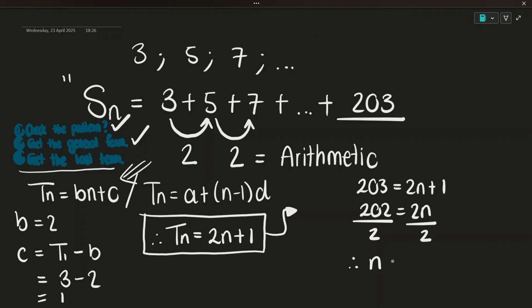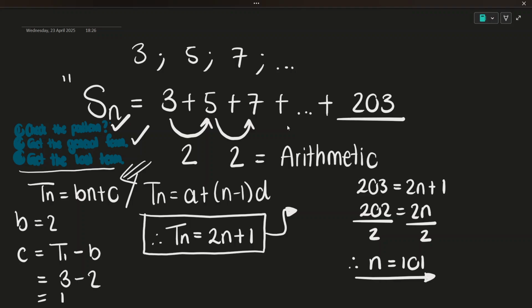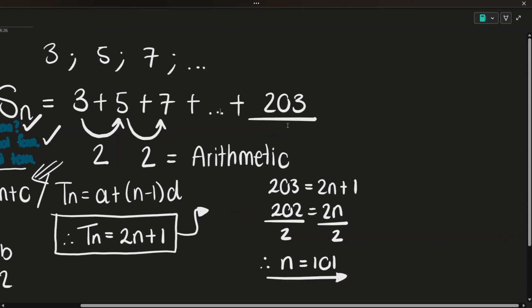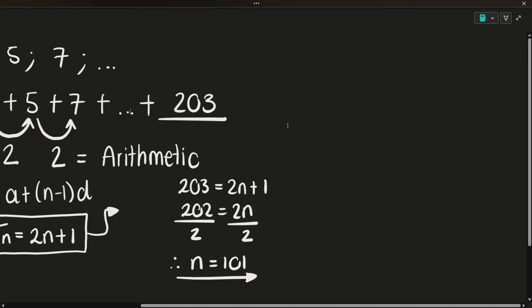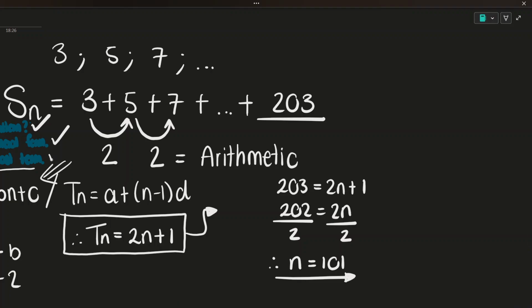Therefore, n is equal to 101. Right? Now that we know that n is equal to 101, we can now do the last step. We now have the last term.